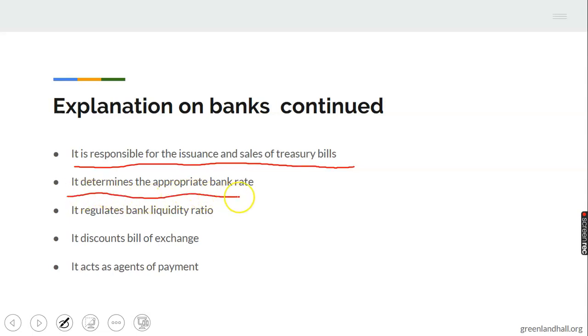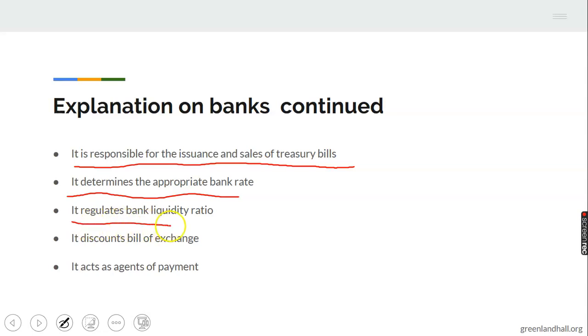It determines the appropriate bank rate. That is, it sets the appropriate bank rate, for example, the interest rate that should be charged on loans, on savings, and so on. So the central bank is the one that determines the rate that is charged.